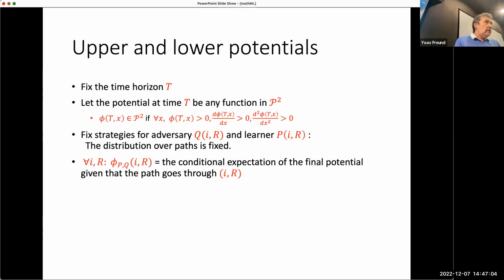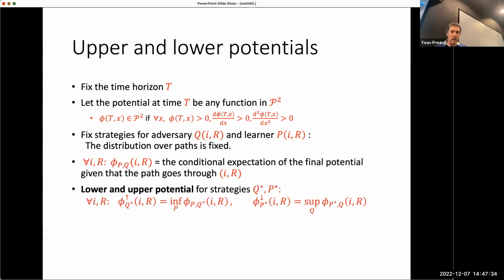If we do that, basically the whole progress of the game is completely determined, right? We fix a time horizon at the end, and we fix a potential function there at the end. So now we can just roll back and define a potential for any time, because it's simply the expected potential at the end, right? And everything is determined.